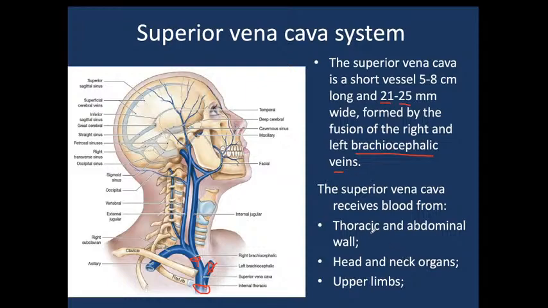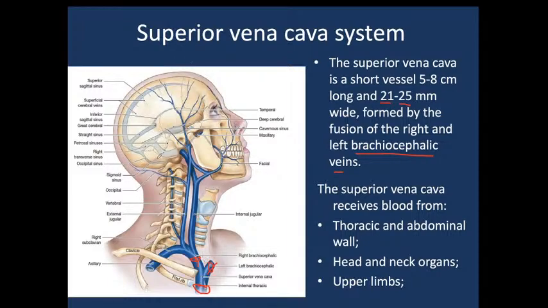And the superior vena cava receives blood from the thoracic wall, and it has only one tributary besides the brachiocephalic veins that brings blood from the abdominal wall.